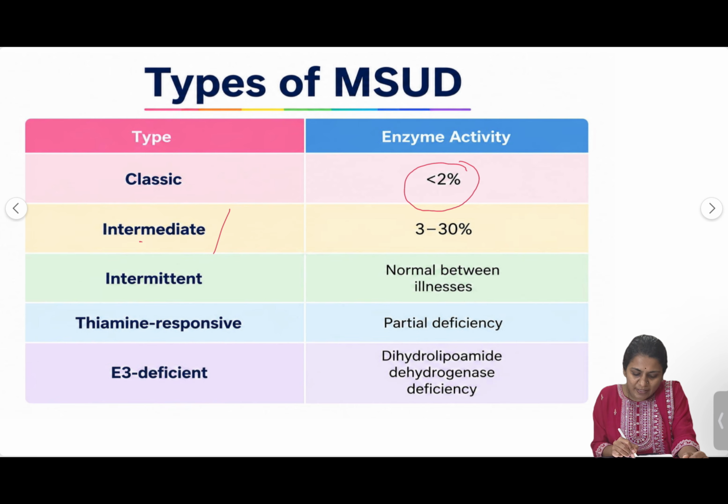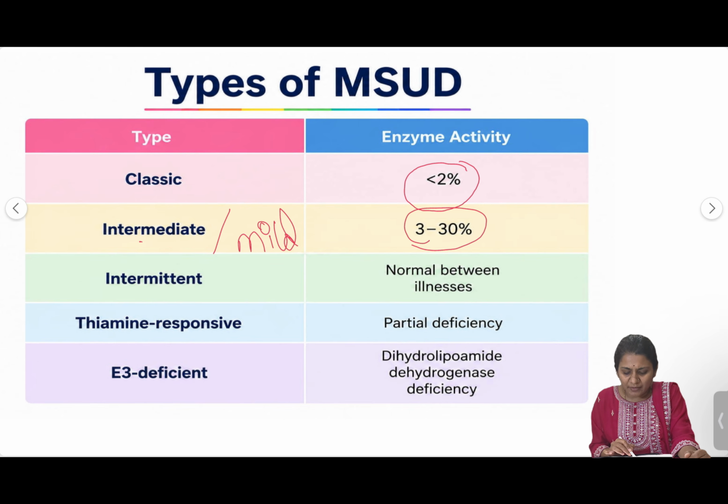Intermediate, also called mild variant or mild phenotype, the enzyme activity is about 3 to 30%. Intermittent, here the child is fine, but if there is some catabolic event or some stress factor, at that time the child will have an acute catastrophic episode.